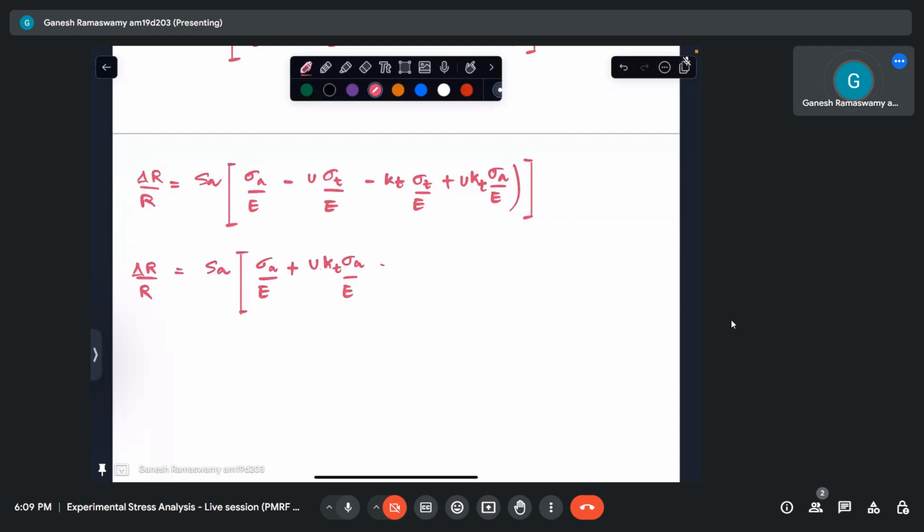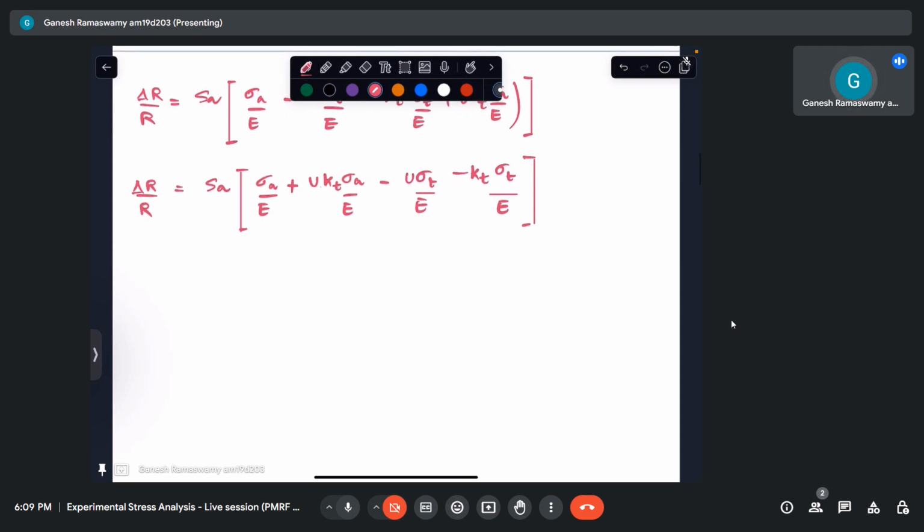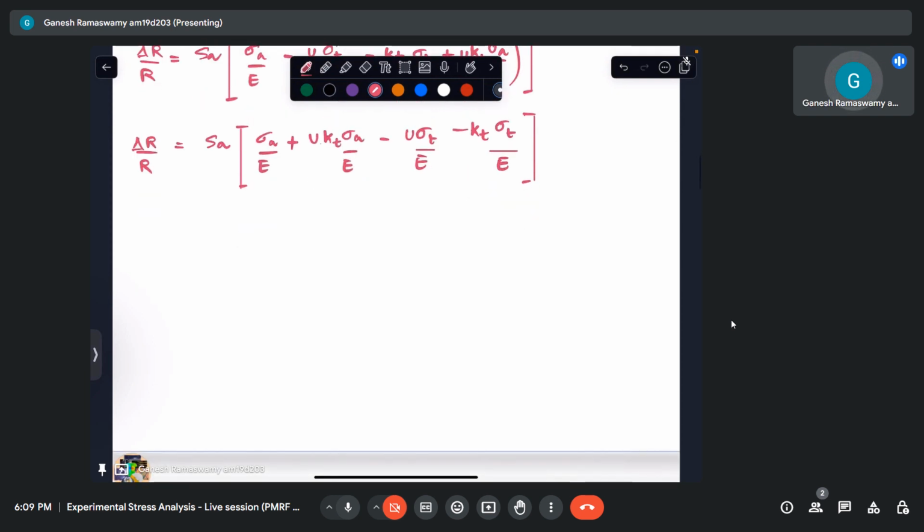So this will give us minus mu sigma T by E minus KT sigma T by E. So this is what I get. Let us simplify this further.